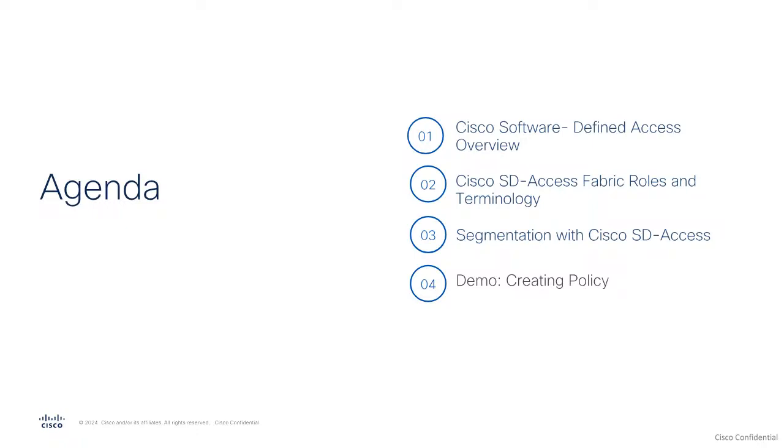After that, we are going to dig deep into SD Access fabric roles and terminology. And then we'll talk about how we can do network segmentation using SD Access on Catalyst Center, which will be followed by a quick segmentation demo on Catalyst Center that Casey would be doing for us.